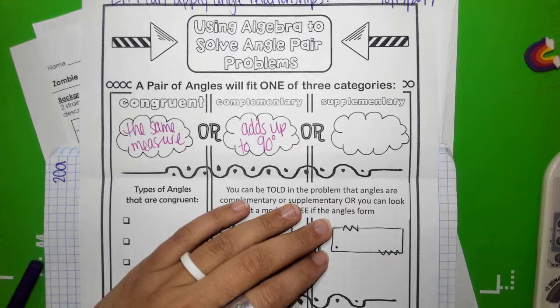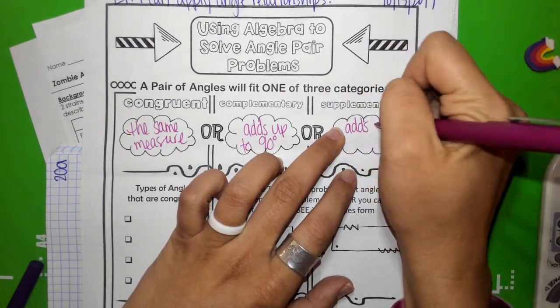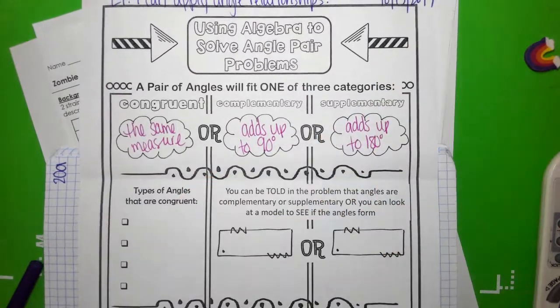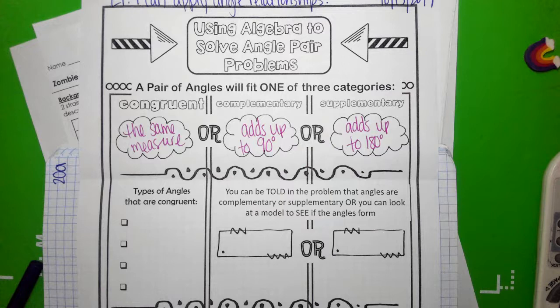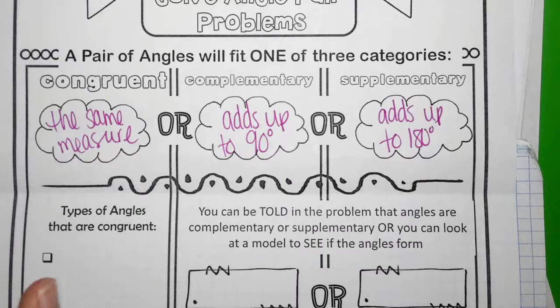What does supplementary mean? Adds up to 180 degrees. So we're going to apply these angle relationships, and we're going to find missing measures today. It is easy peasy.